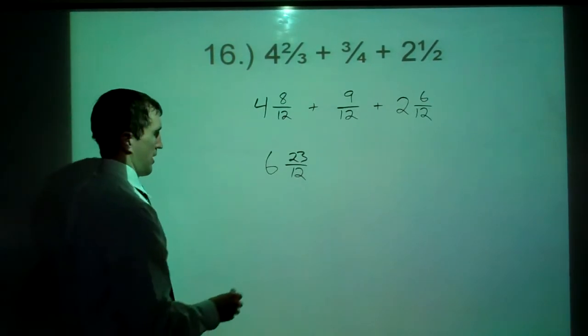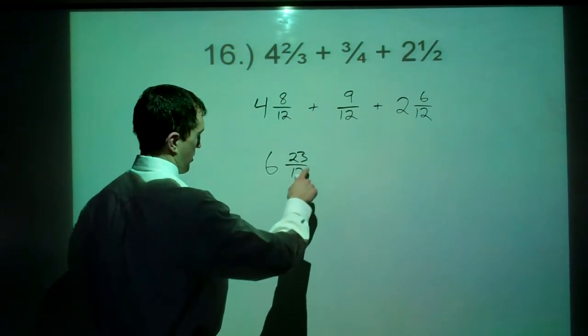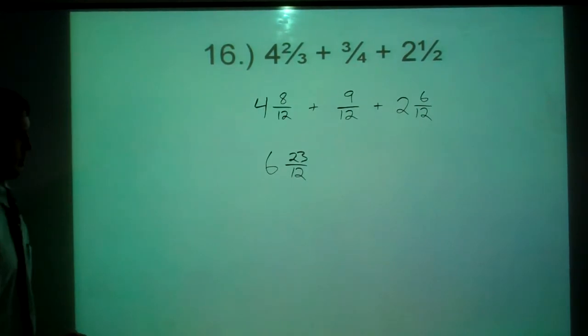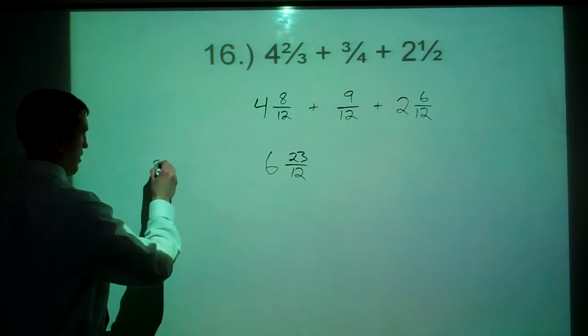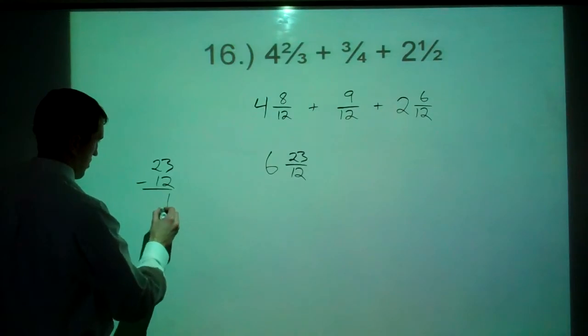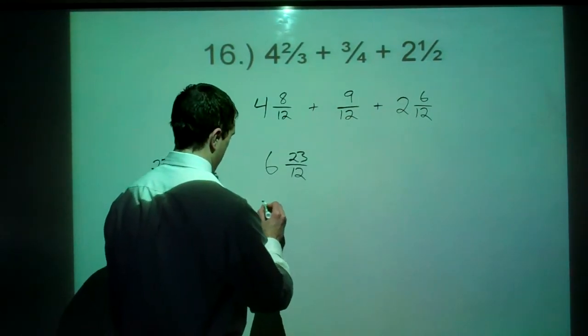Well, I know that how many 12s go into 23 is what we're looking for now. And I know 1 does, so we're going to go 23 minus 12. And we should get 11. So we're going to add 1 to 6. That's a 7.